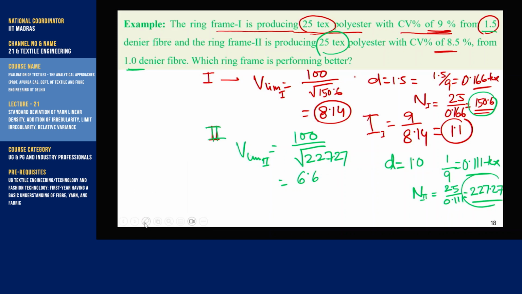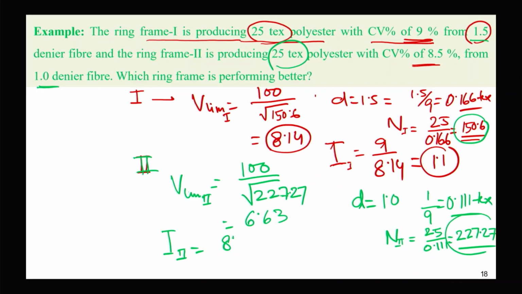So this value will become 6.63. Now if we calculate the index of irregularity of ring frame 2, it will become 8.5 divided by 6.63. It will become 1.28.